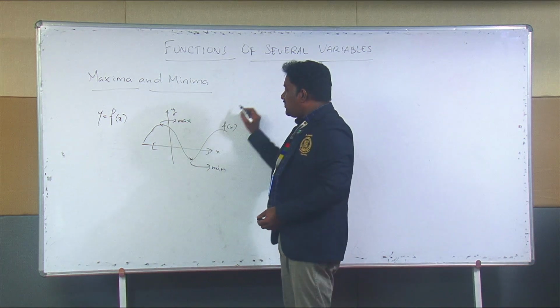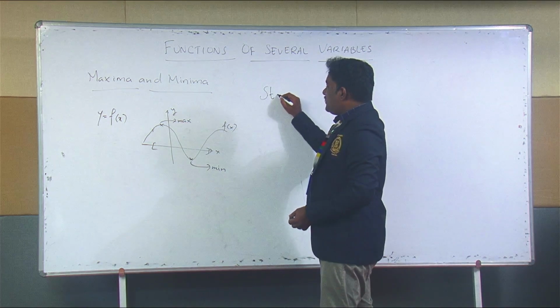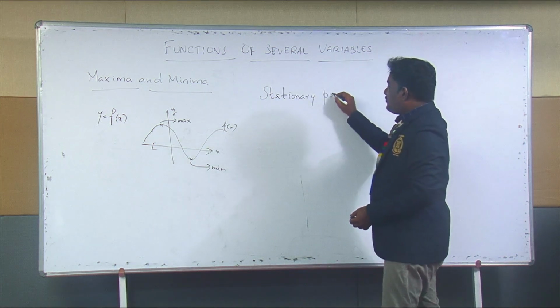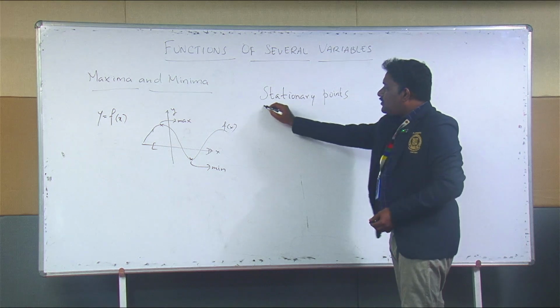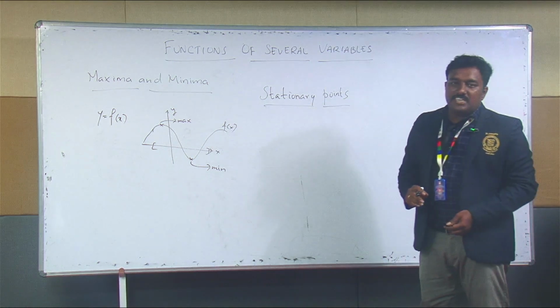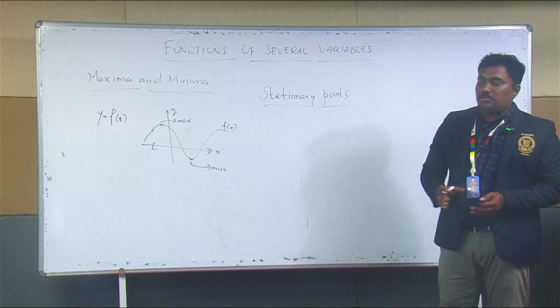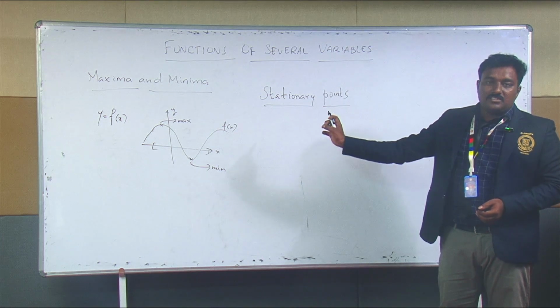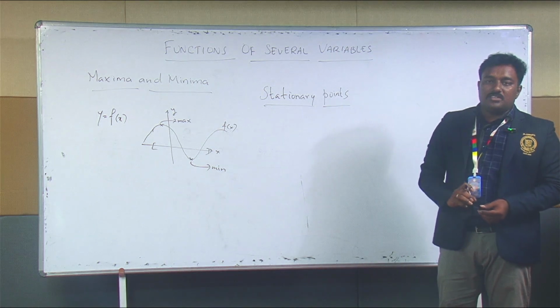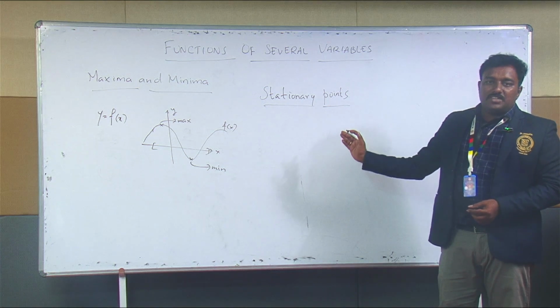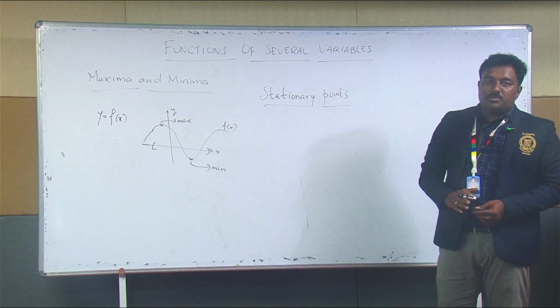These points are called the stationary points. In differentiation, how can we obtain the stationary points? If you differentiate the function at that stationary point, the derivative will be 0. That is why we use the derivative concept in maxima and minima.